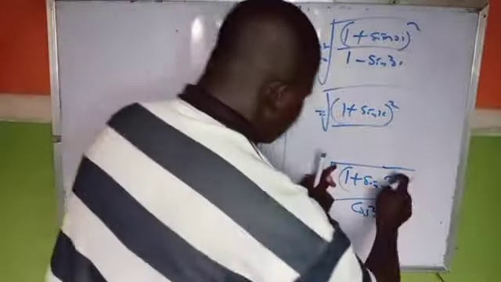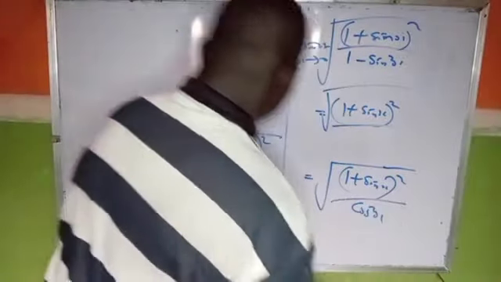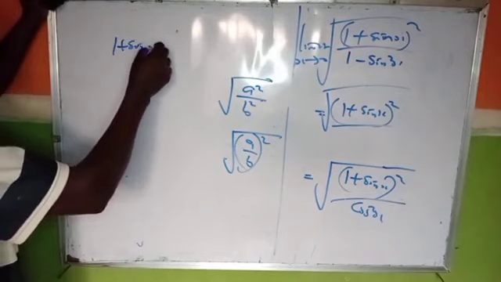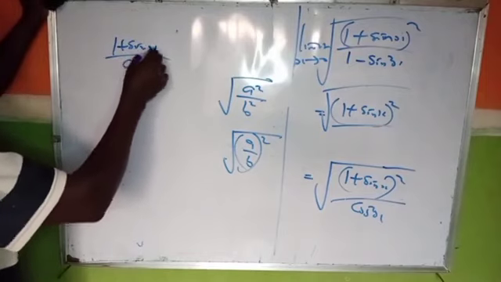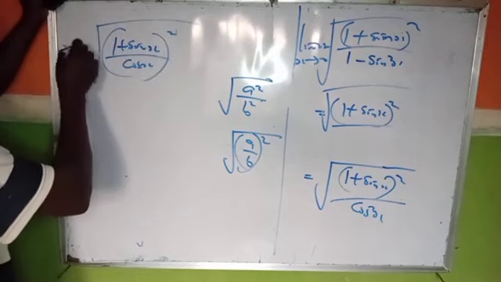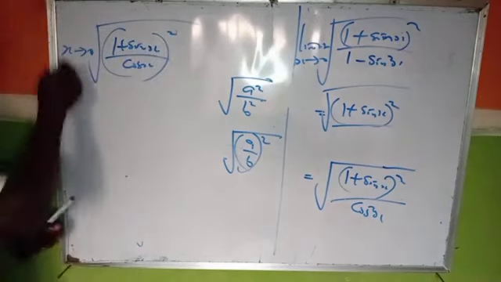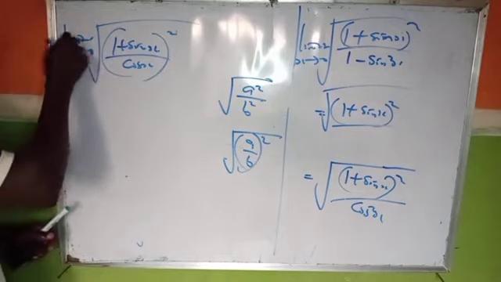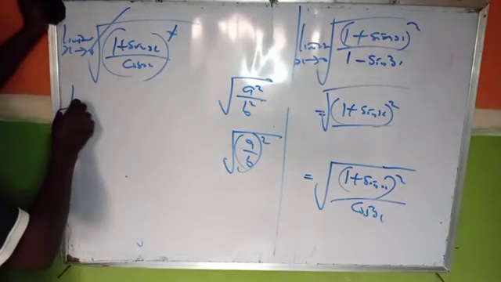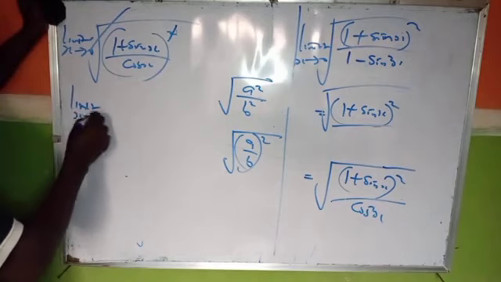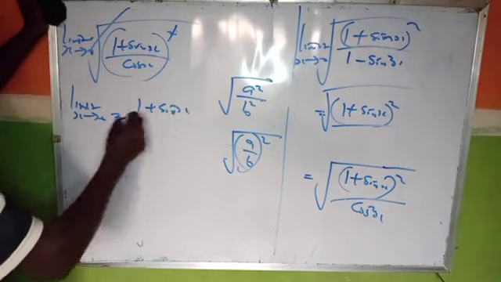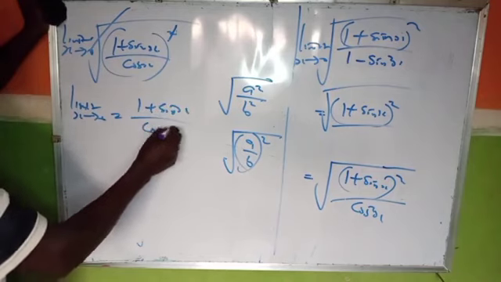So you have 1 plus sine x over cos x, all squared, as x tends towards 0. That's the limit. Then the square will cancel the root, so you will have, as x tends to 0, 1 plus sine x over cos x.